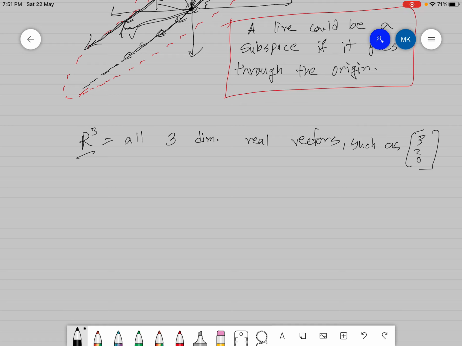So R3 is the collection of all the real vectors with three components. Okay, so what about Rn? Rn is basically all n-dimensional real vectors, with any number of components up to n dimension. I hope this point is clear.